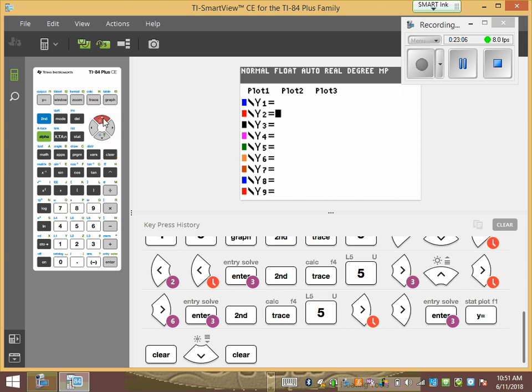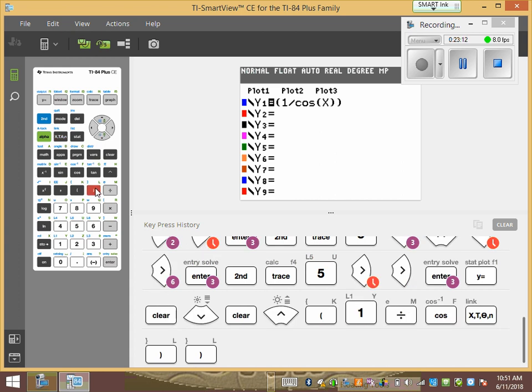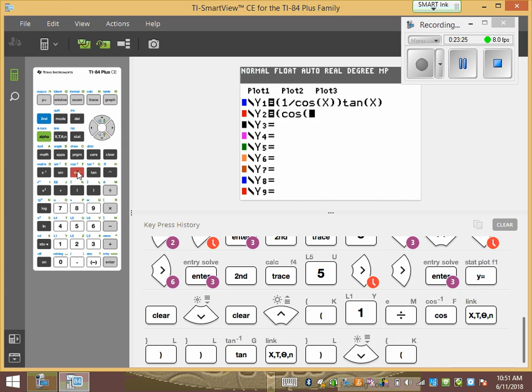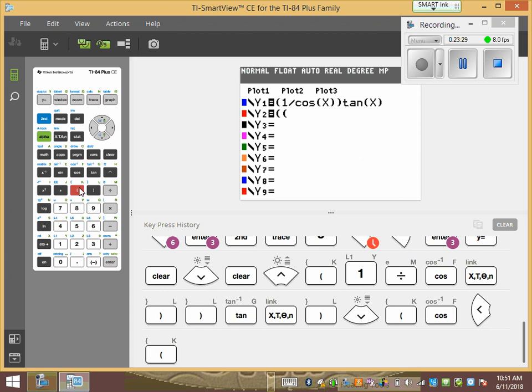So we're going to get y1 to be 1 divided by cos x times tan x. The second one: cos. I'm going to put in brackets so that the numerator's in brackets too.